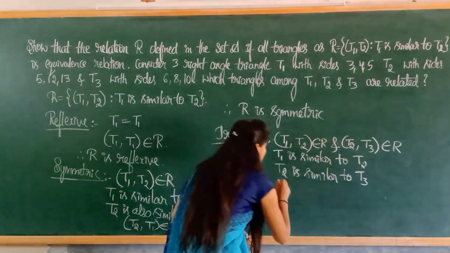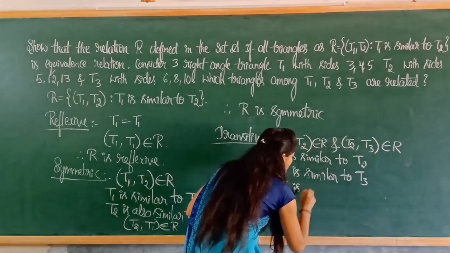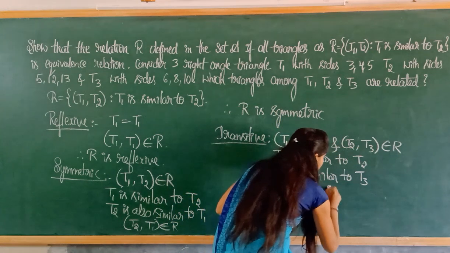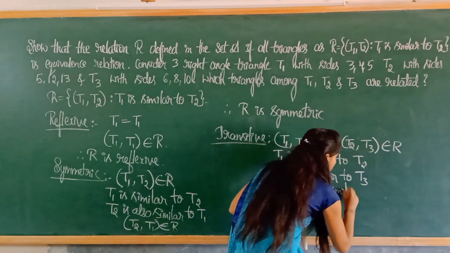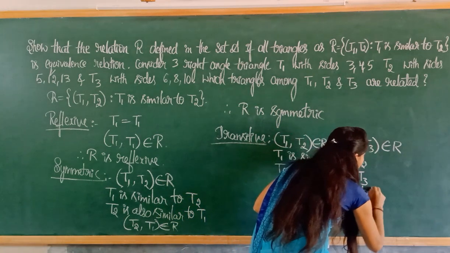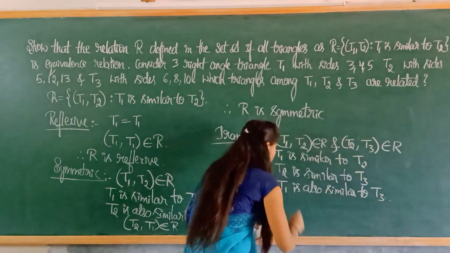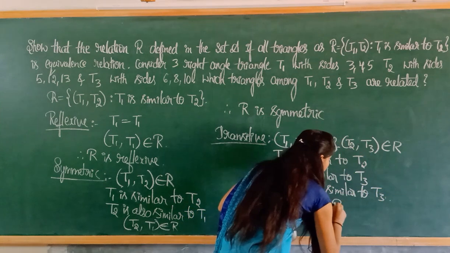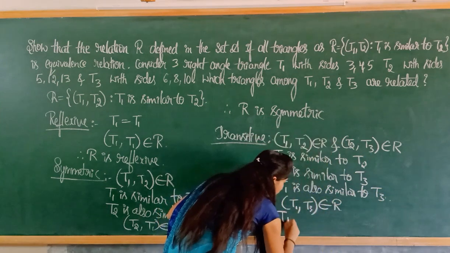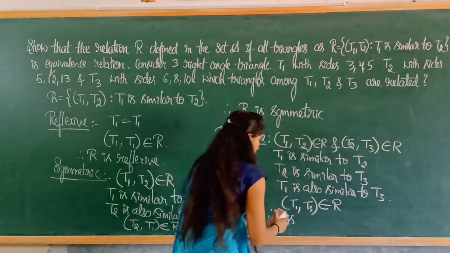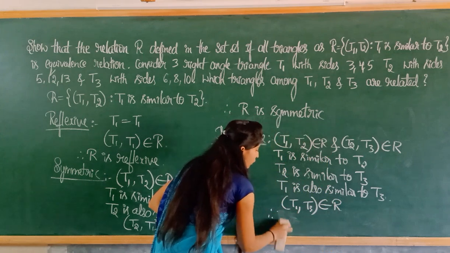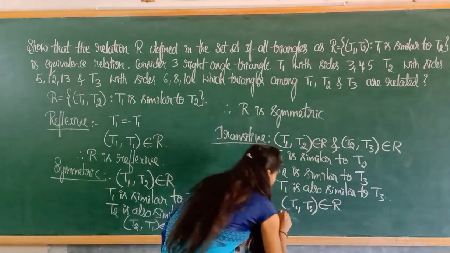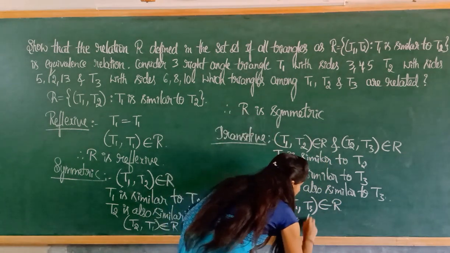That is, (T1, T2) belongs to R and (T2, T3) belongs to R, and then T1 is also similar to T3, that is (T1, T3) belongs to the relation. Therefore R is transitive.